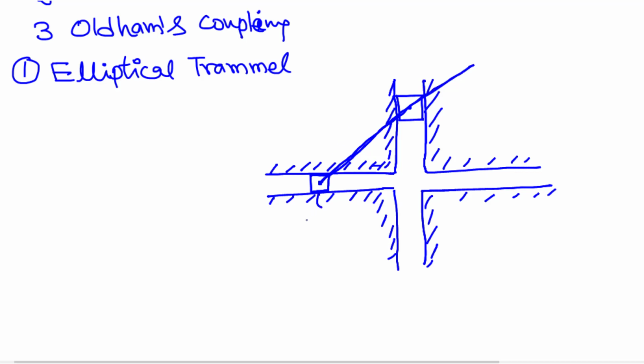So in slider 1, this is slider, this is turning pair 1, turning pair 2, and this is frame. The movement of slider in this groove, and second slider, the movement.